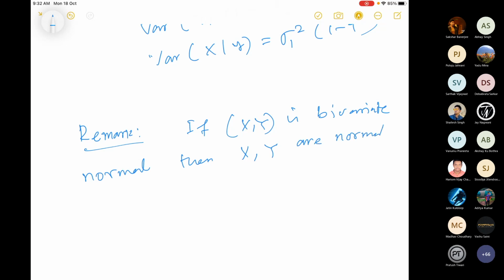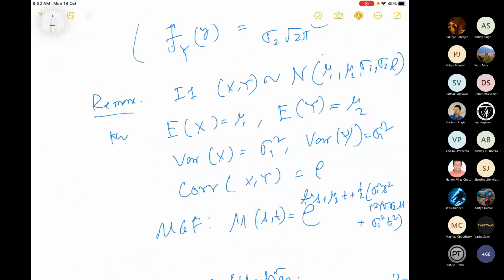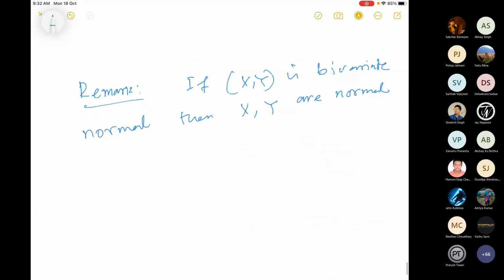In fact, we have seen what the mean and the variance will be: mu 1, sigma 1 square, mu 2, sigma 2 square. But the converse is not true.